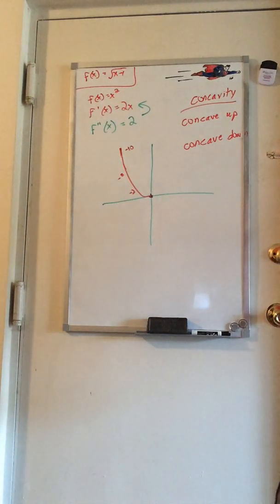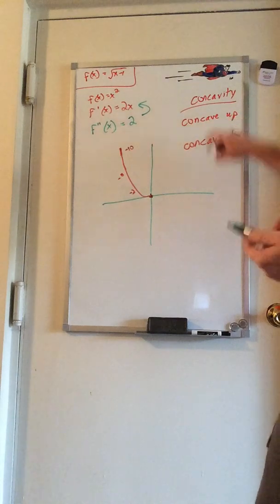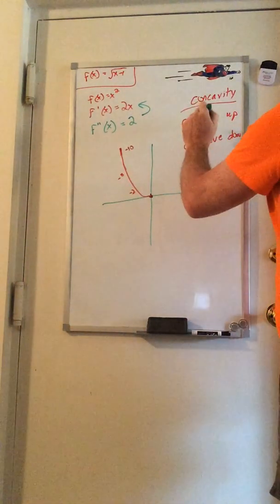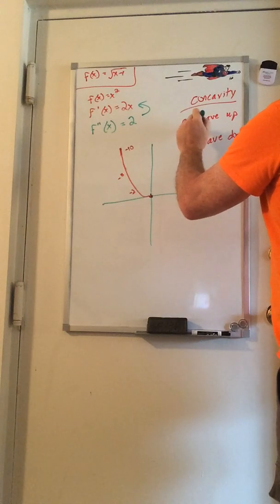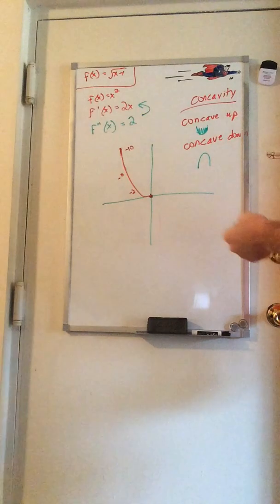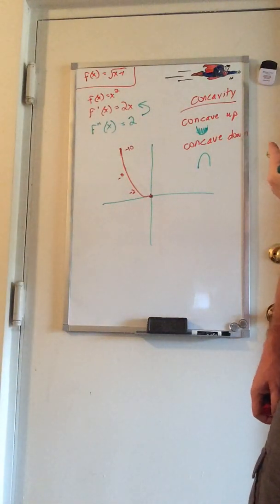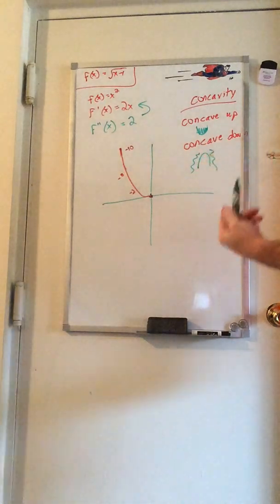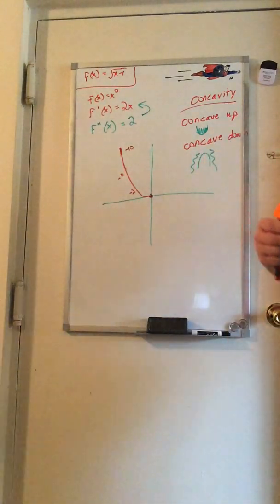That's actually how it was defined in math for me. It means you look like a parabola, because if I dumped water in this graph, it would sit right there and the graph would hold water. Concave down means you're a cup that's upside down. Because if I dump water on it, the water runs off the edges because the cup is upside down and it doesn't hold water.